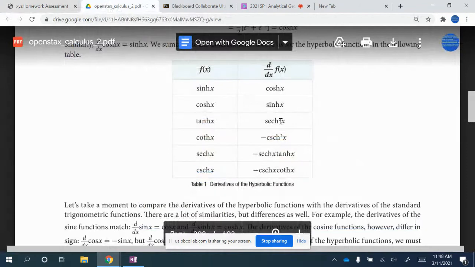And let me just make sure I do have my secant h squared.